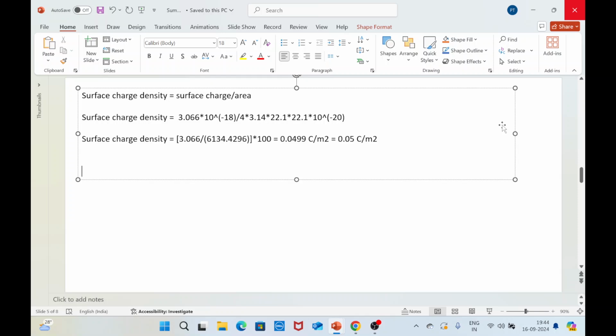So can you write it like this? Q, that is your surface charge, is equal to N times E, where N is the number of charge groups, and E is the charge carried by one electron.